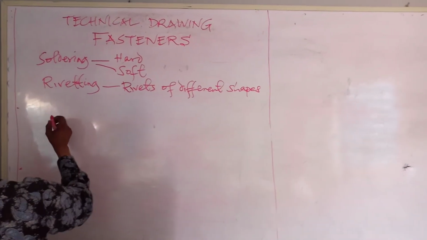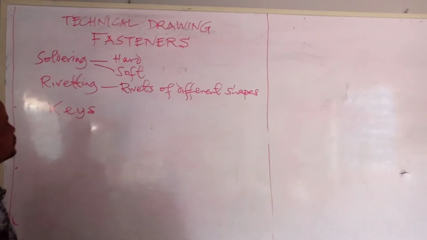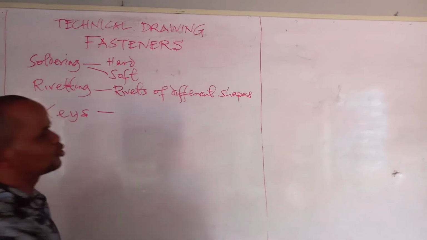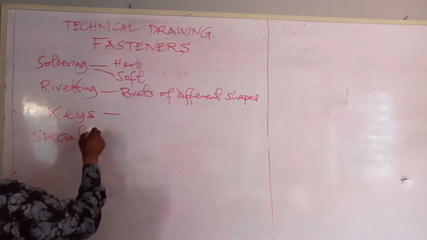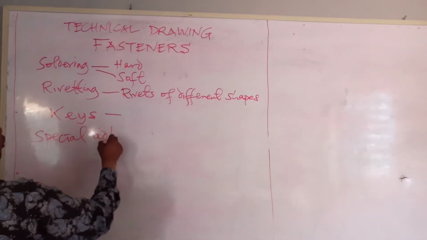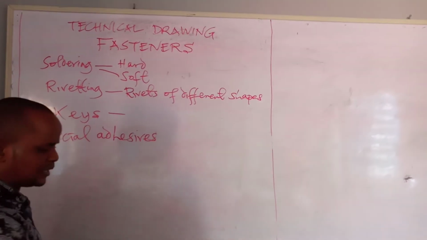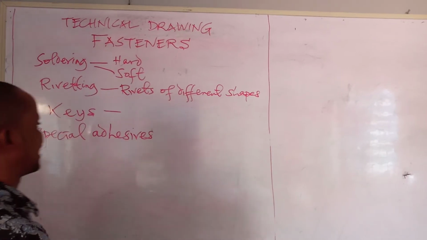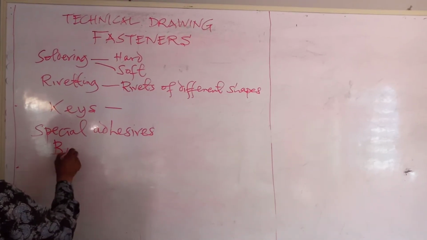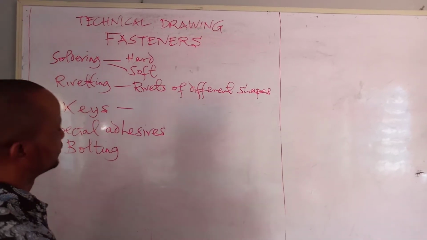Now we can also have the use of keys. Then we can also use adhesives, special adhesives to hold together, to bind components together. Apart from that, we can also talk about bolting, the use of bolts and nuts in technical drawing.